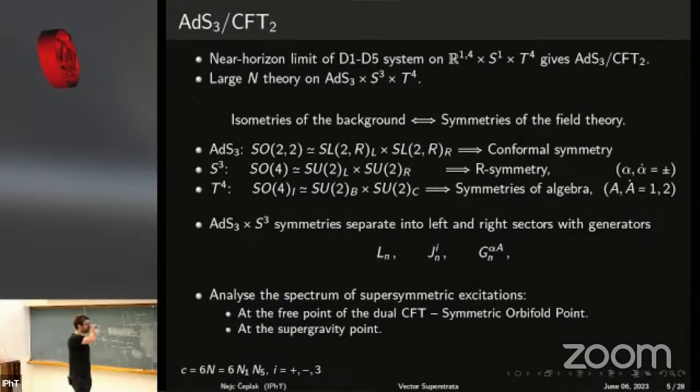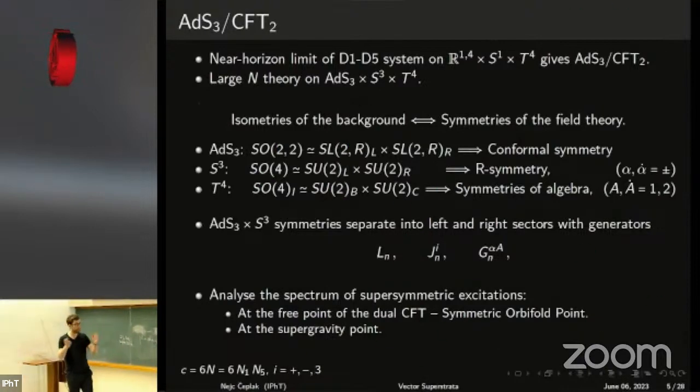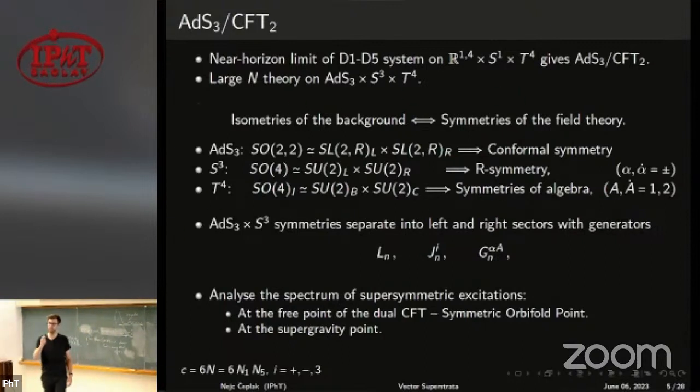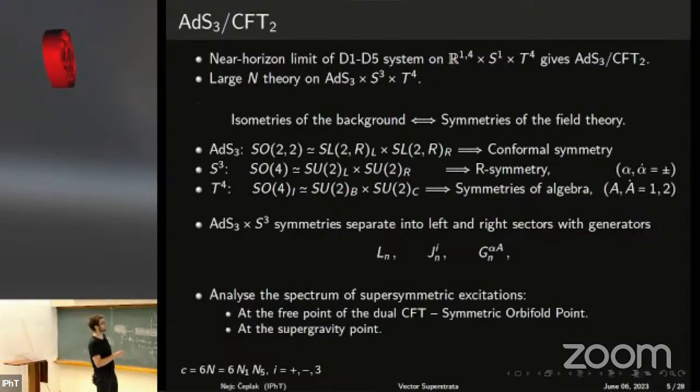What will be important for my talk is, in fact, the isometries of the background. So the near horizon limit at large N is AdS3 x S3 x T4. I will take the internal manifold to be T4 for concreteness, but it's also important here that it's not K3. The important part is that the isometries of the background get mapped to the symmetries of the CFT.